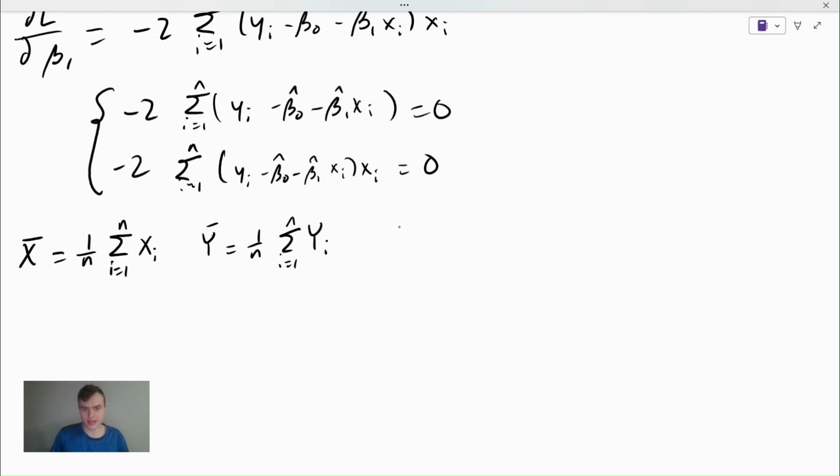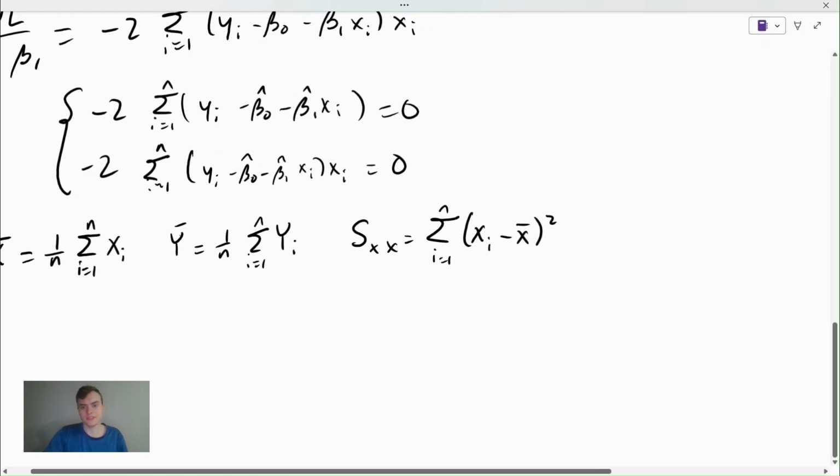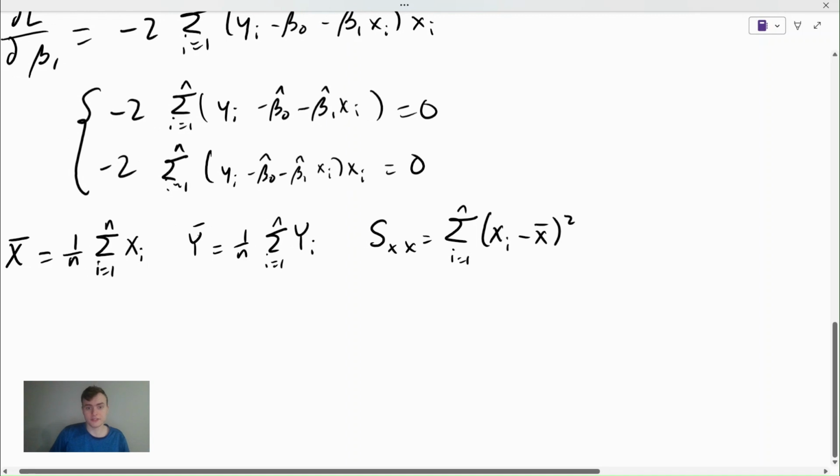And then we have Sxx, which is going to be this sum from i equals 1 to n of (x_i minus x bar) squared, right? This one is like the sample variance of x, just without the n minus 1.